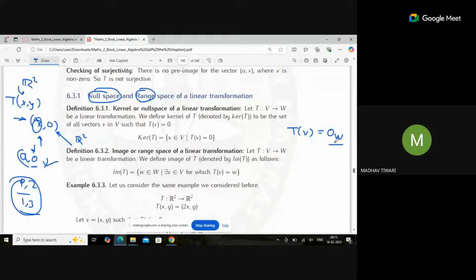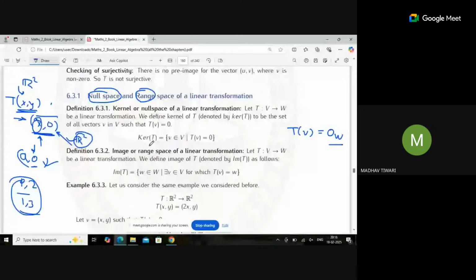Here (x, y) is from the domain, and the codomain is actually all the points in R2. Whatever image we get for all these points will be inside the range space.